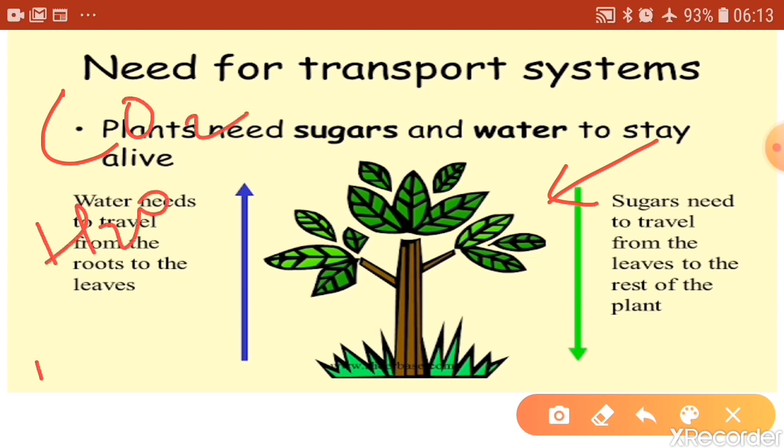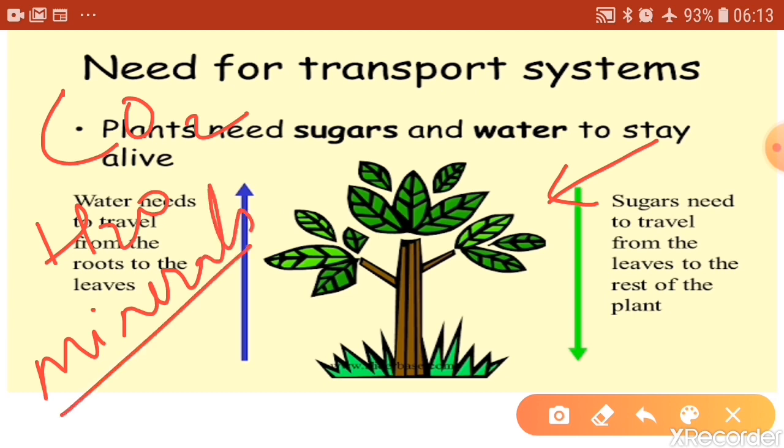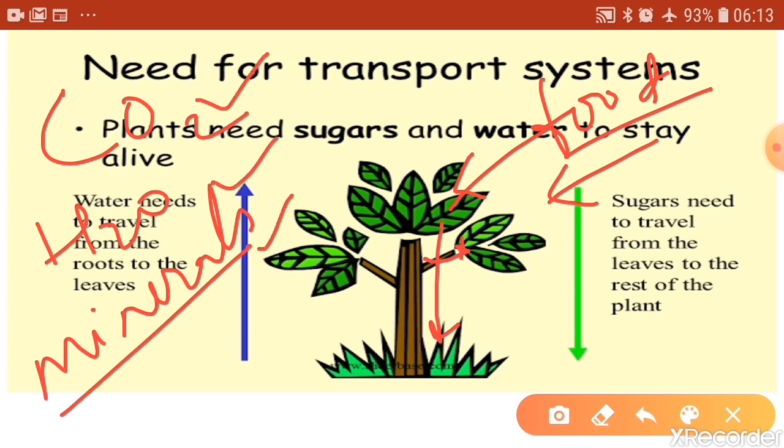Then they also require minerals to prepare different types of organic substances. Also, once the food is made in the leaves, as we have already discussed, this food has to be transported to all the distant parts of the body. Now, first let us look at the requirements of photosynthesis.